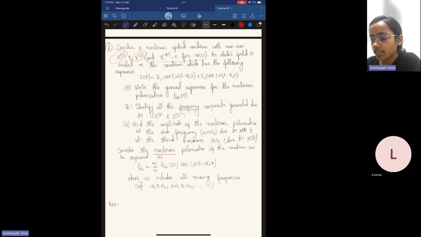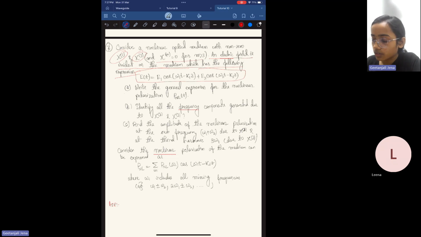So this situation is similar to what we have seen before. Now we have an electric field incident on the medium, which is a linear combination of a field with two frequency components, omega 1 and omega 2.